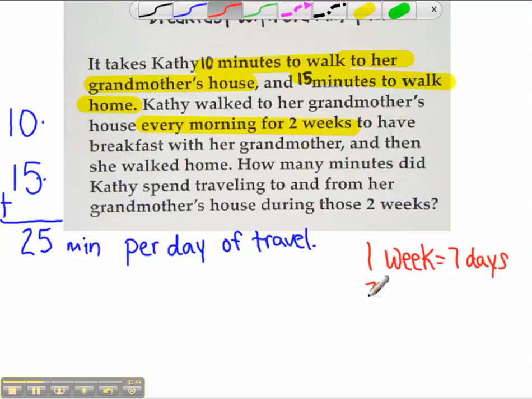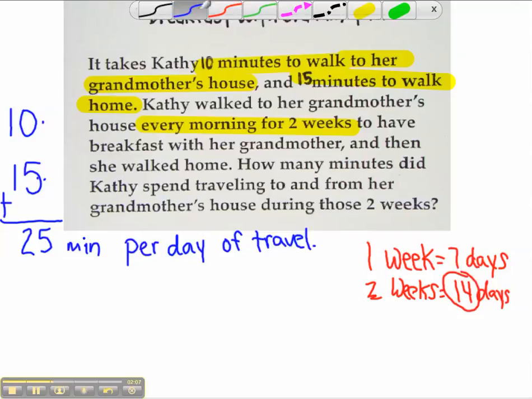So that means that 2 weeks is 14 days. Do you see that pattern? I think most of you know that there's 7 days in a week. So you're looking at this number right here, 14 days.